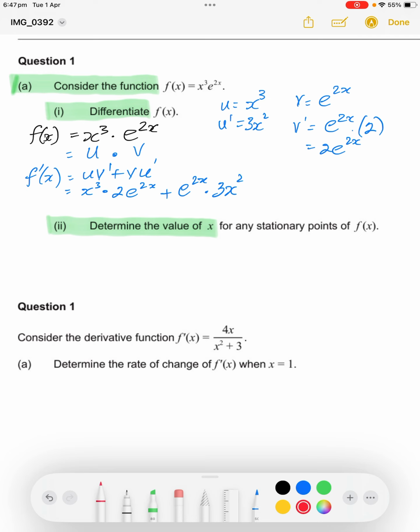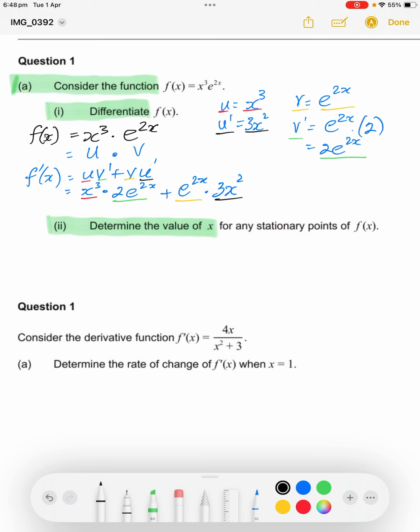So here is the u, and here is v dash, and this part, I'll just use yellow, this part v is e to the power of 2x, and then we've got u dash, which is 3x squared.